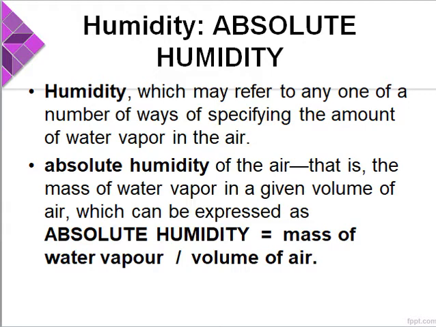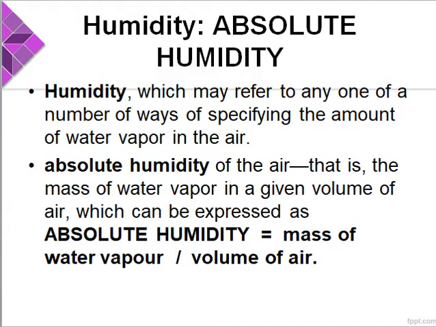That is, the mass of water vapor in a given volume of air, which can be expressed as absolute humidity equals mass of water vapor over volume of air. Or absolute humidity is equal to mass of water vapor divided by volume of air. Absolute humidity represents water vapor density.